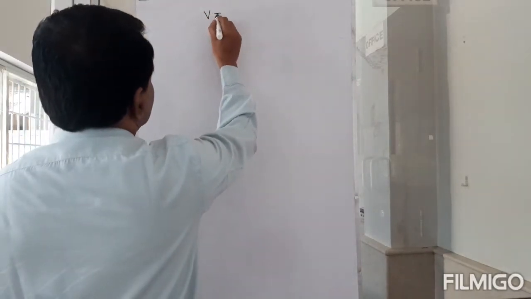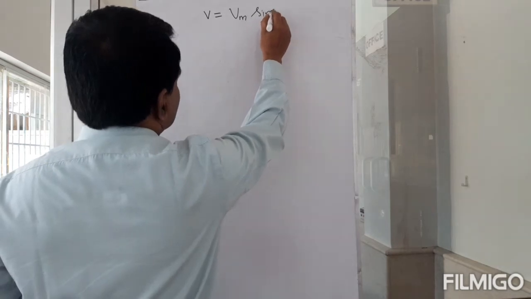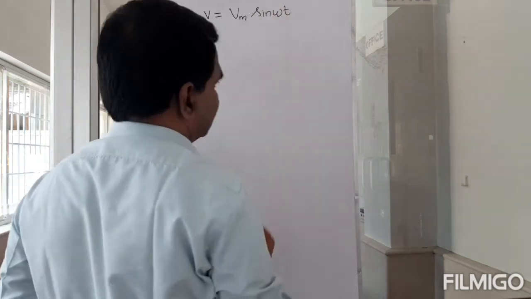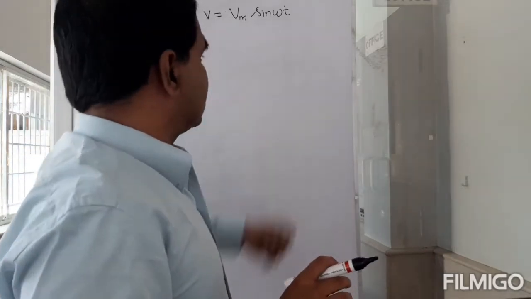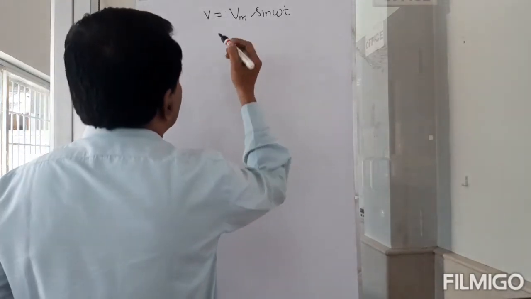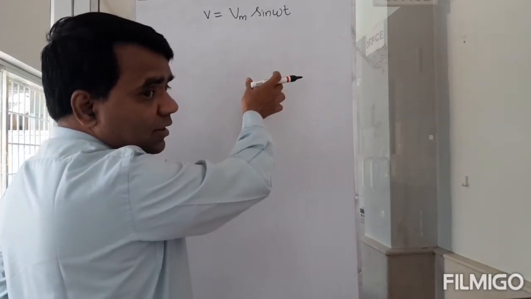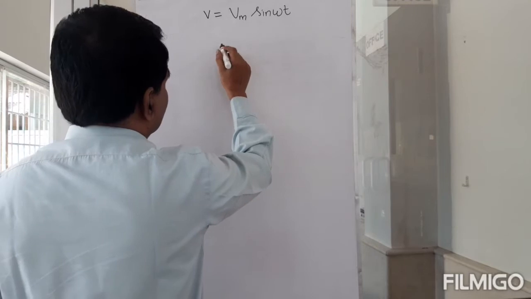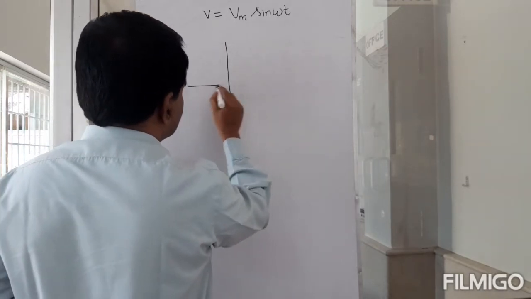V is equal to Vm sine omega t. So I can represent this as a phasor, like we did for the y function just a little while ago. So it's like this.